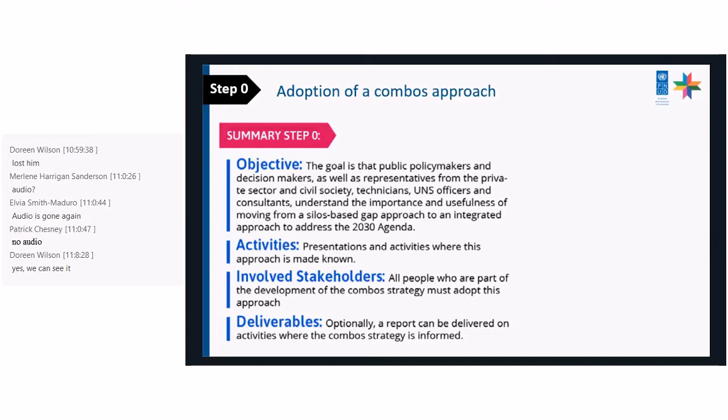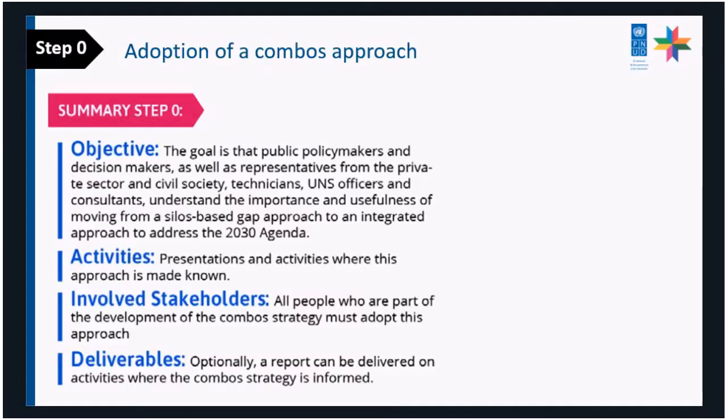We want all the people involved in the combo strategy to be able to achieve a strategy that considers all the dimensions that are part of the progress of people. You can find this information in the materials of Unit 3, where we suggest some activities and some deliverables for finishing step 0.